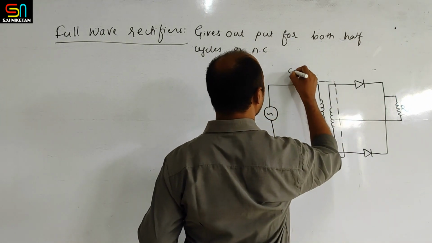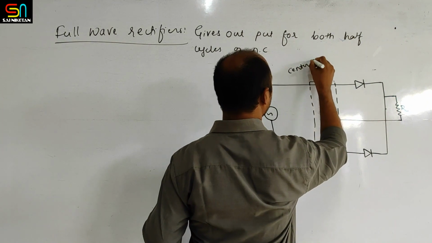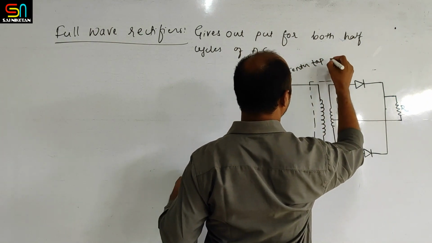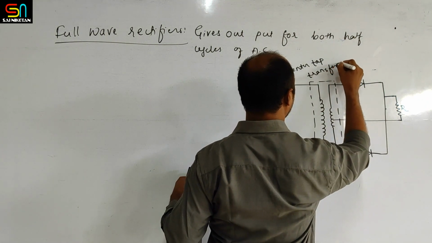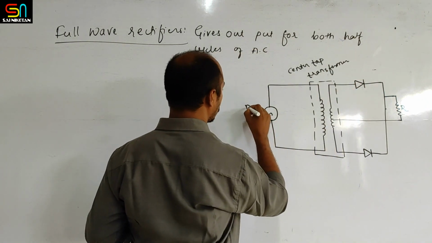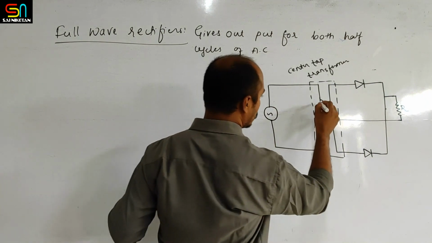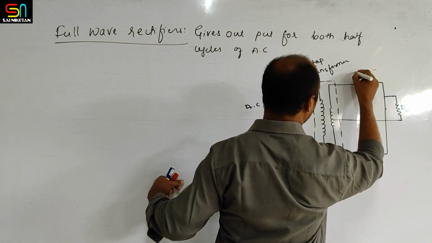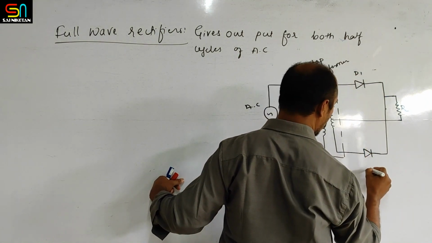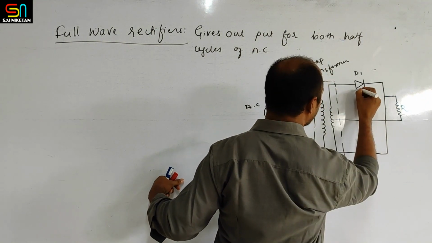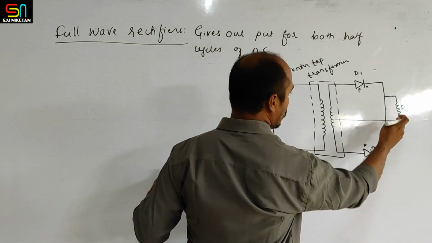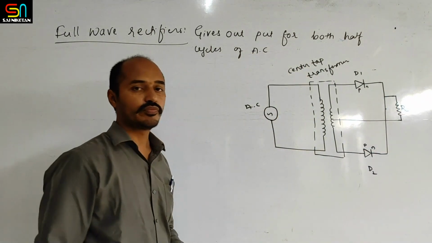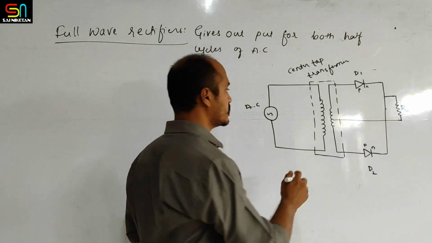So this is the center tap transformer, and this is the AC source, and this is diode D1, and this is diode D2, and this is P and this is N, and this is P and this is N, and RL indicates the load resistance.